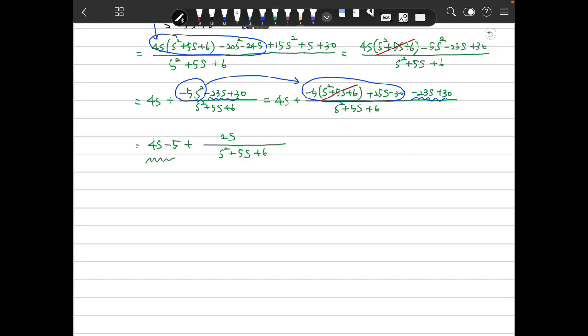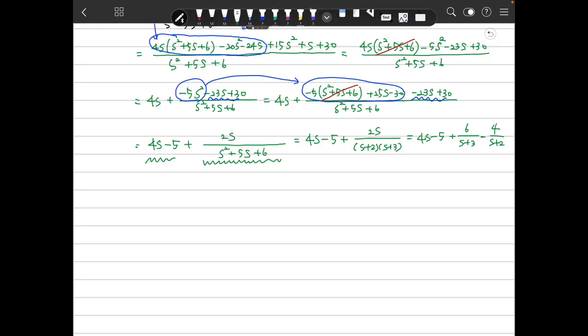So we have this term and another proper rational function. So we rewrite it as 4s minus 5 plus 2s over (s plus 2)(s plus 3). Then that could be the partial expansion: 4s minus 5 plus 6 over (s plus 3) minus 4 over (s plus 2).